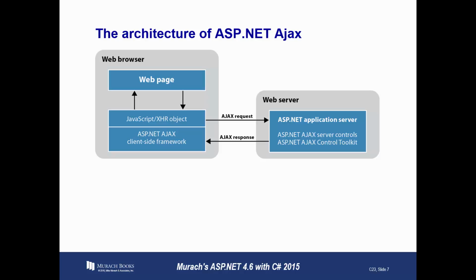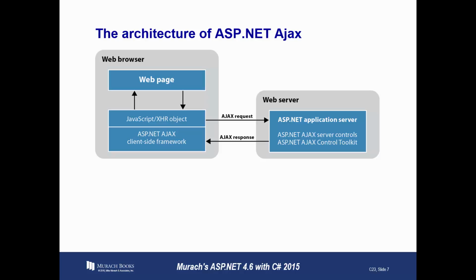You can contrast that with ASP.NET AJAX, which enables what's known as an asynchronous postback. It's similar to a standard postback in that the view state of the controls on the page is sent to the server in response to an event on the page.